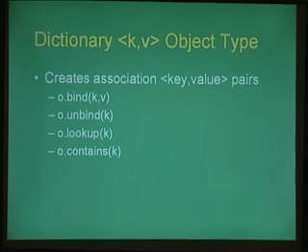Bind essentially means that you are inserting a new key value pair, or rather you are binding a value v with key value k, and you can unbind, in a sense delete the value associated with key value k, and you can look up the value of a key k, or you can check to see whether the given key is actually present in the dictionary or not.